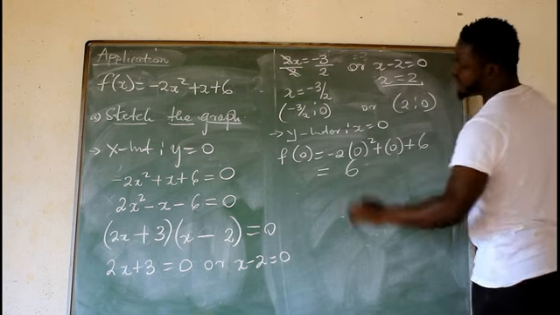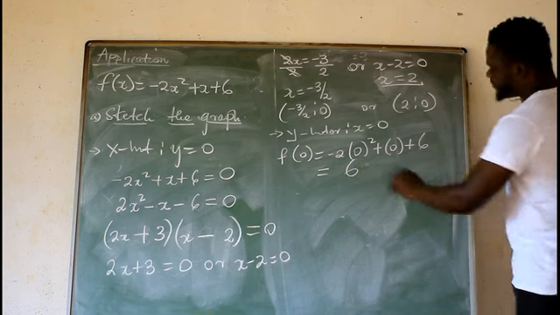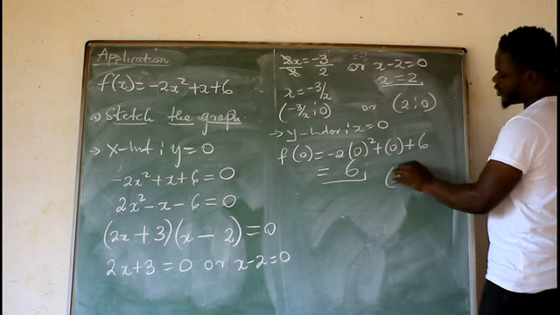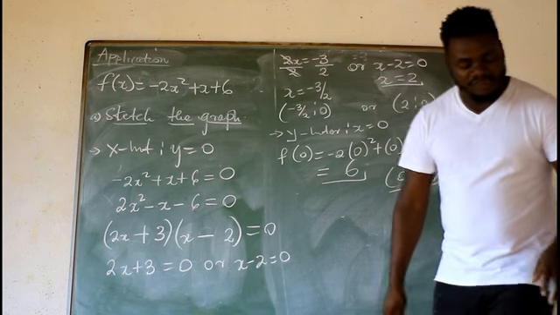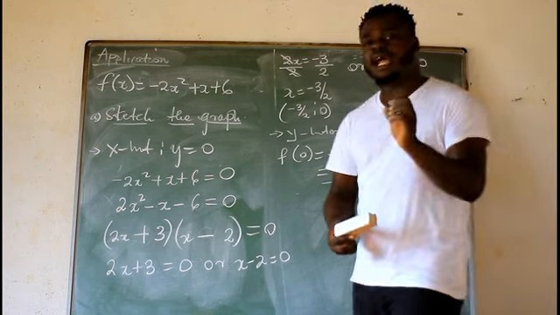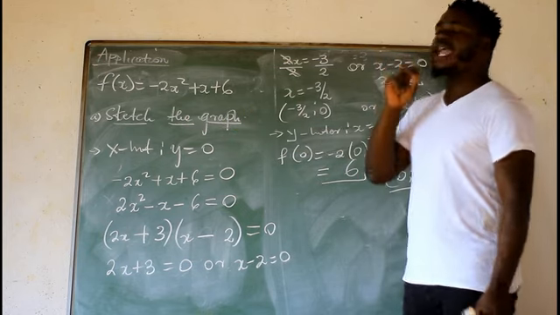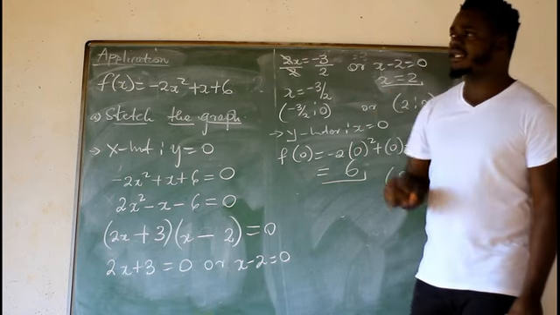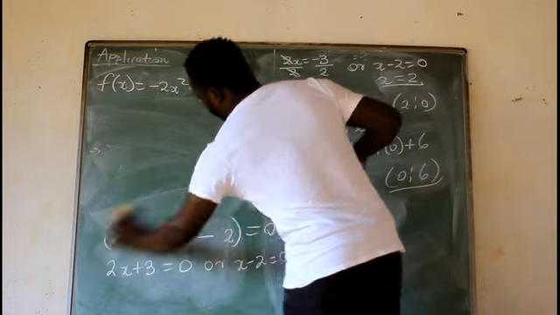The answer is 6. If you punch it on your calculator, you're going to find 6. Then the coordinates are going to be 0 and 6. That one is the y-intercept. Guys, whenever you sketch this graph, you need to also have the turning point of this graph. Let us go and find the turning point of this graph.